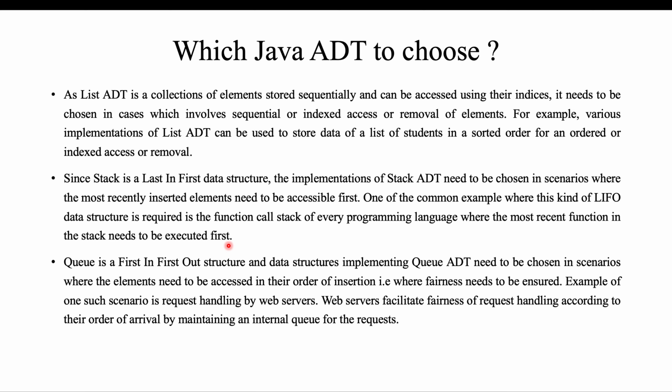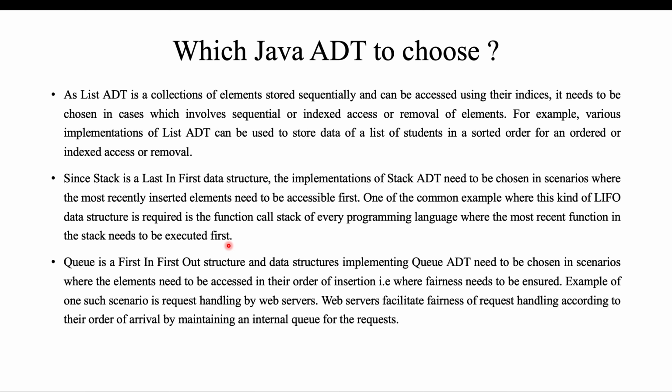So there are a number of functions or methods in a program, and whatever is the most recent, or whatever you have entered into that particular stack, we have to execute them one by one, in the last in first out strategy. So at that point of time we can use stack.